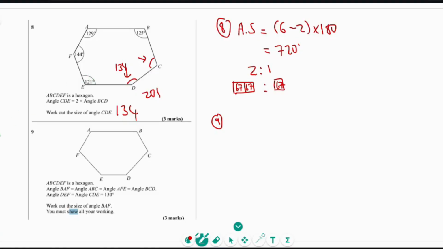Okay, in our hexagon, we have CDE is 130. DEF is 130. All the other angles are the same. From the previous question, we know the angle sum is 720. So let's take off those other angles.